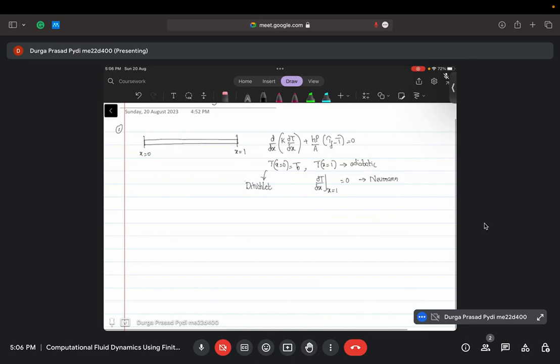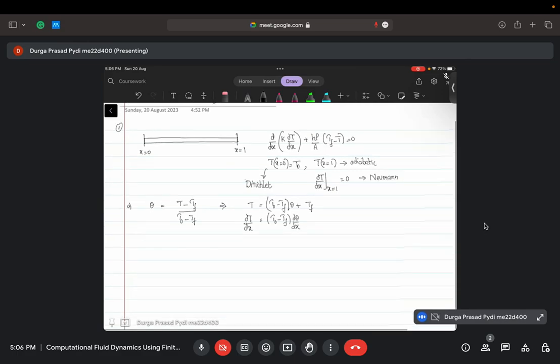So the first part of the question asks you to convert the equation into a non-dimensional form, wherein you have theta equals (T minus Tf) by (T0 minus Tf). In this particular case we obtain the value of T as (T0 minus Tf) times theta plus Tf. From this we obtain dT/dx equals (T0 minus Tf) into d theta/dx.